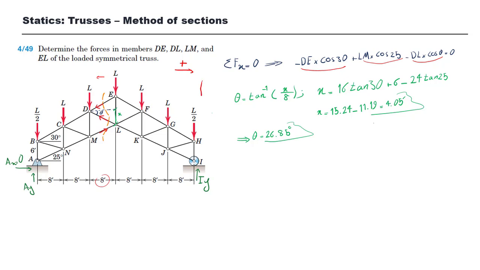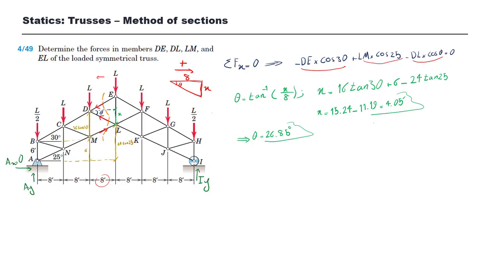Let me draw this triangle so you can understand the trigonometry terms better. This angle is theta, the perpendicular side we indicated with x, and this base side is 8 feet.